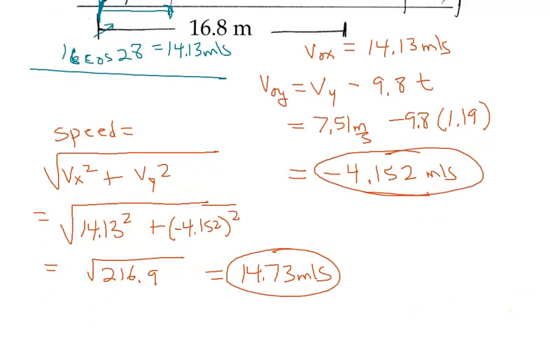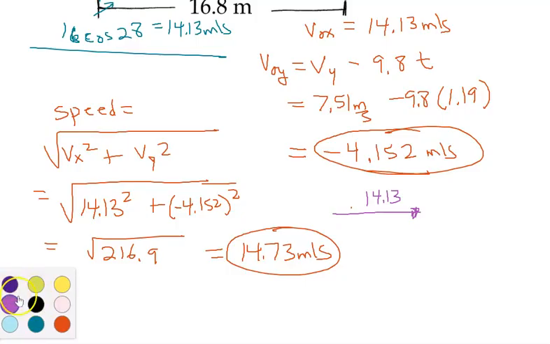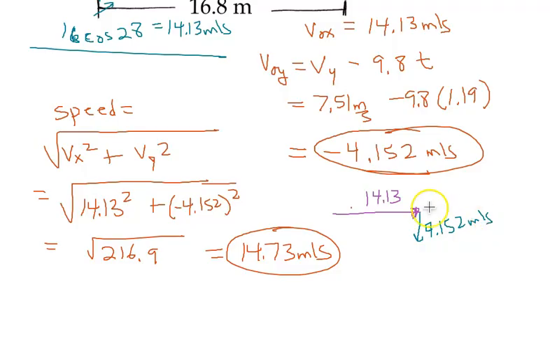So again, just super quick, one more visual of what that means is it is at that instant headed over at 14.13 meters per second and headed down at 4.152. So mostly over, and then the hypotenuse is 14.73.